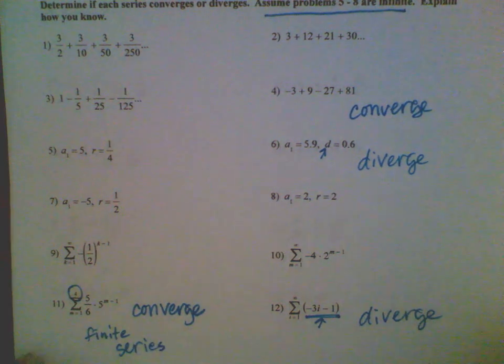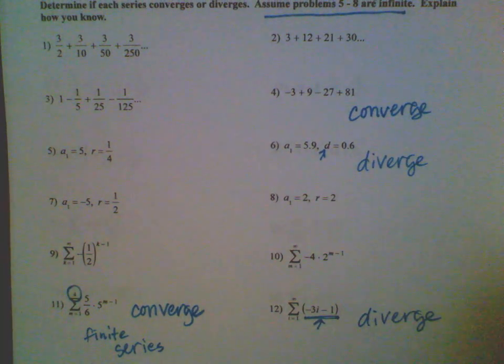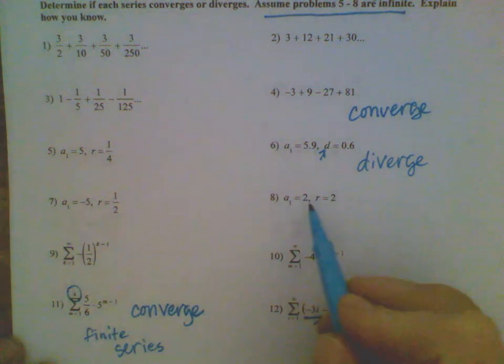Okay, so those are the ones that stood out to me as fairly obvious answers. Now I'm going to have to go through the rest, so we'll look at them individually, and I'm going to jump into 5, 7, and 8.